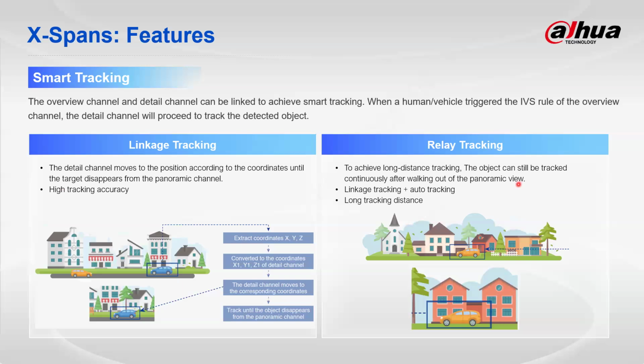Once the PTZ has captured the image, even if the image has disappeared from the panoramic lens, that is the bullet part, the PTZ can still keep tracking those objects. But for the linkage tracking, once the image disappears from the panoramic image, that is the bullet at the top, the PTZ stops tracking. So these are the two differences between these two technologies behind the Xpan's smart tracking features.